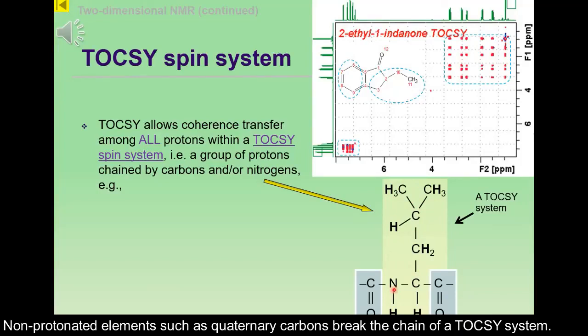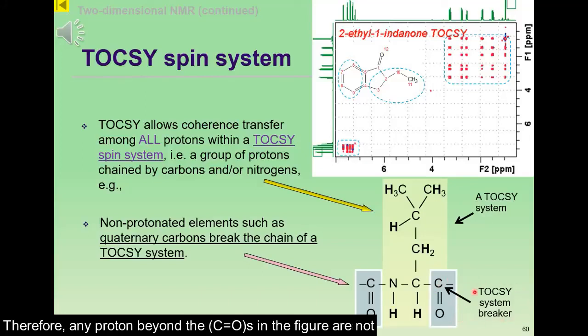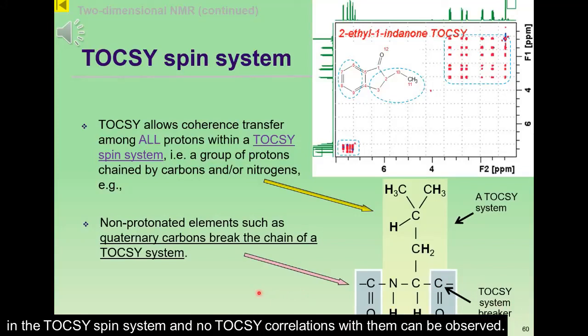Non-protonated elements, such as quaternary carbons, break the chain of a TOCSY system. Therefore, any protons beyond the COs in the figure are not in the TOCSY spin system, and hence no TOCSY correlations with them can be observed.